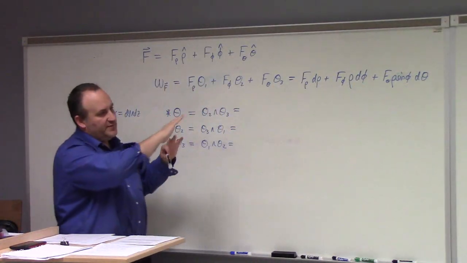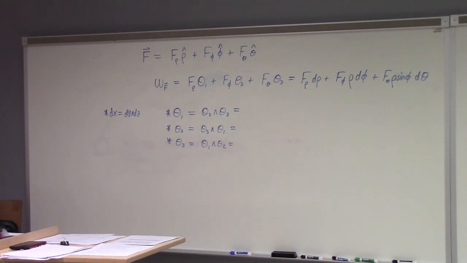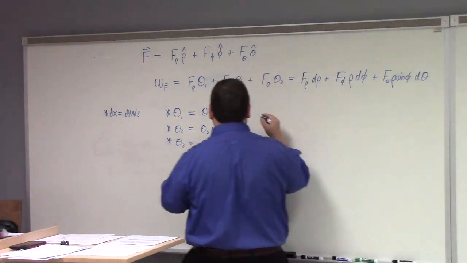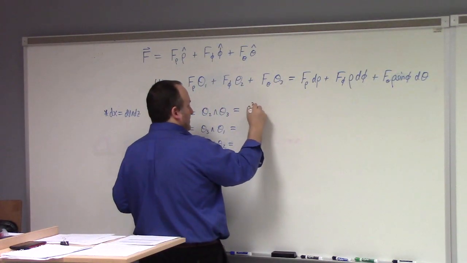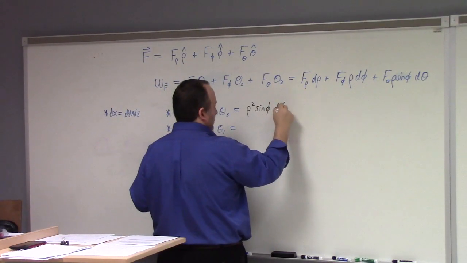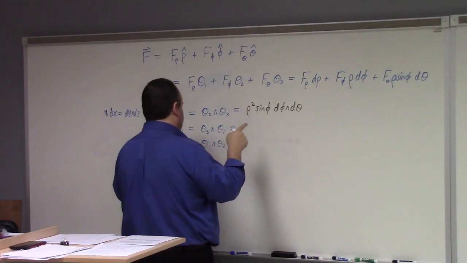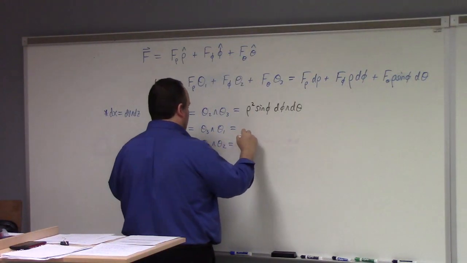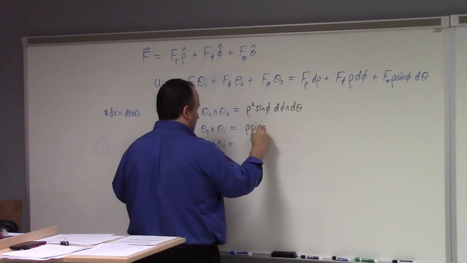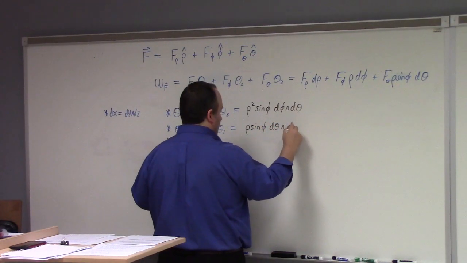I have foolishly written them all the way over here, so I have to think, but we've got: this one gives me rho squared sine phi d phi wedge d theta. This one gives me rho sine phi d theta wedge d rho.